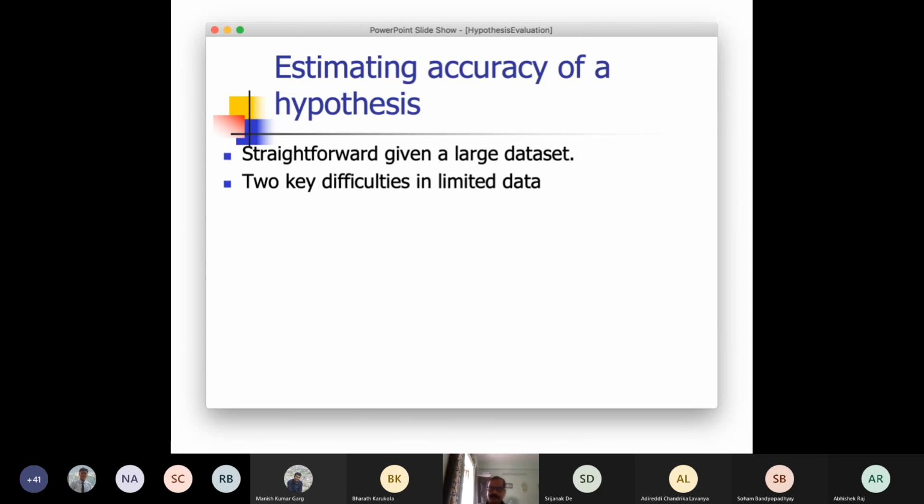Let us consider that the data at your hand is limited, in the sense that you are not sure whether it has captured the variances present in the domain. So when you have a small data set, you are always at risk of missing some of the characteristics of the domain, the process which is generating the data, in your model.